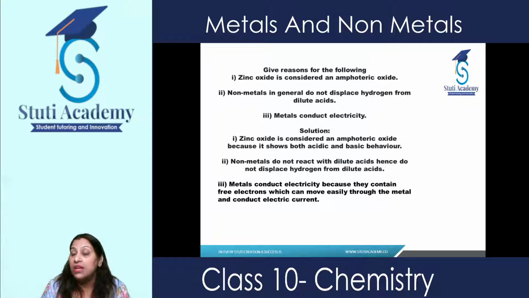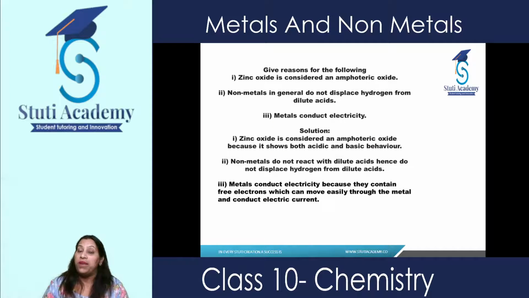Next is, metals conduct electricity. See, metals have the tendency to conduct electricity, or allow electricity to pass through them, due to the presence of free electrons in them. So these free electrons allow the current to flow in the metals.